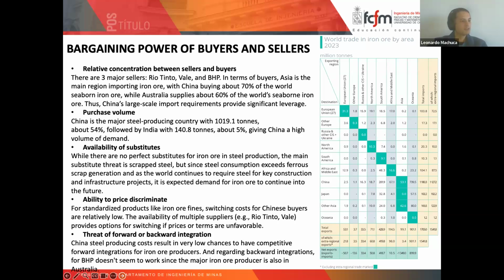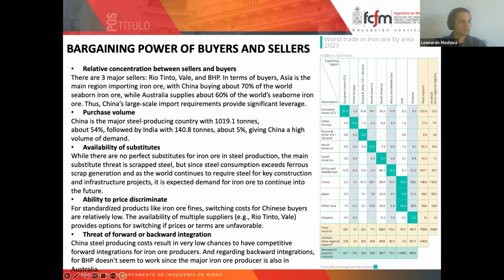And in terms of buyers, Asia is the main region buying iron ore, with China buying about 70% of the world seaborne iron ore. So it's a really huge buyer there. While Australia supplies about 60% of the world seaborne iron ore. Thus, we think that the bargaining power of buyers is very high.